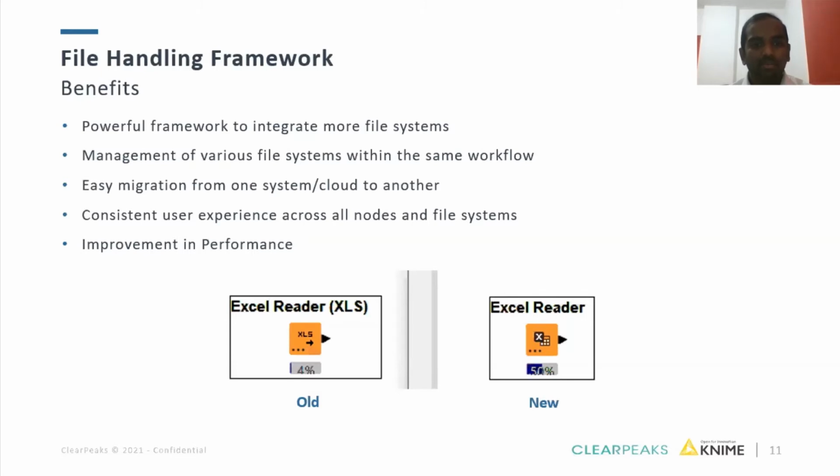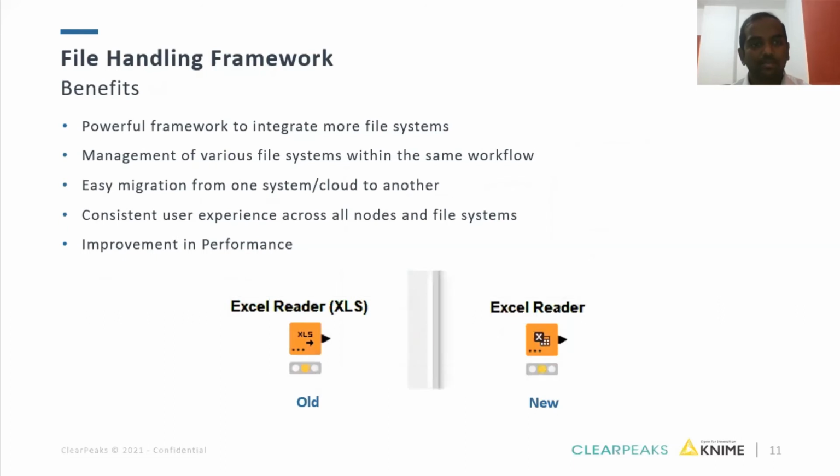In this slide, we wanted to demonstrate how the older generation Excel reader and the newer generation Excel reader compare in terms of reading the same file. As you see, the new generation reader has already finished reading the same file that has been given to both the nodes. This way, KNIME is continuously improving in its performance aspects.